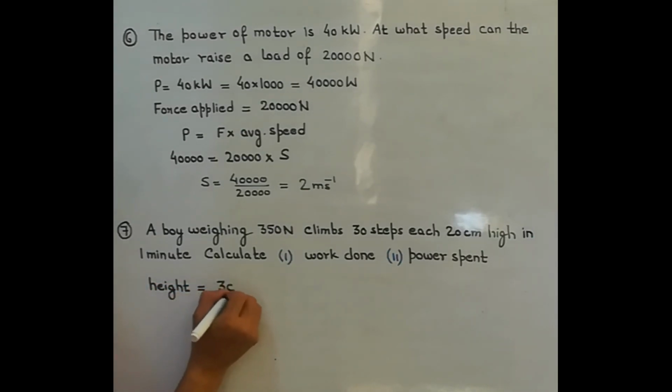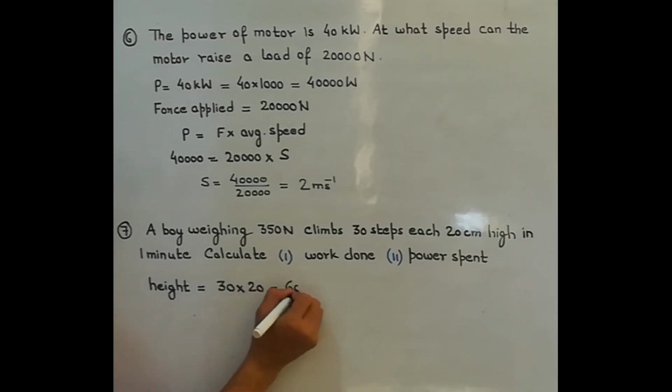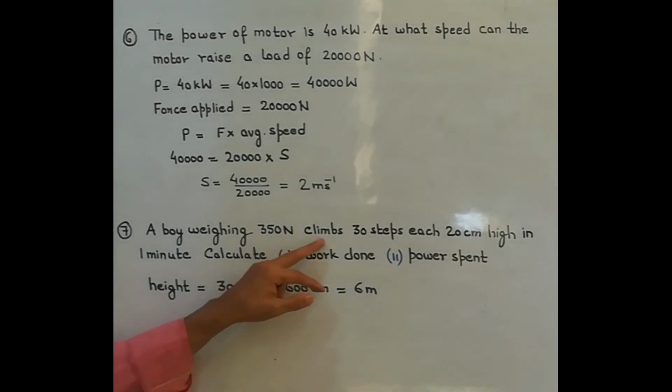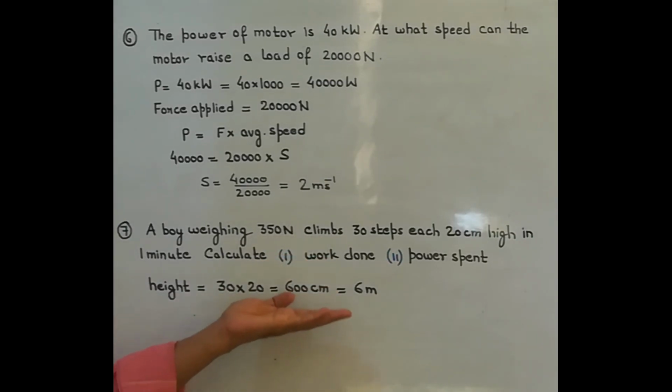So 30 steps and each step 20 centimeter high, that is 600 centimeter, converting it into meter. So we can say 6 meter is the height which the boy gains.